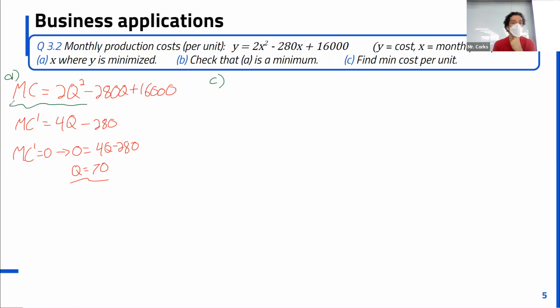Okay, so this original marginal cost equation here. If we substitute in, when q equals 70, marginal cost is 2 times 70 squared minus 280 times 70 plus 16,000.